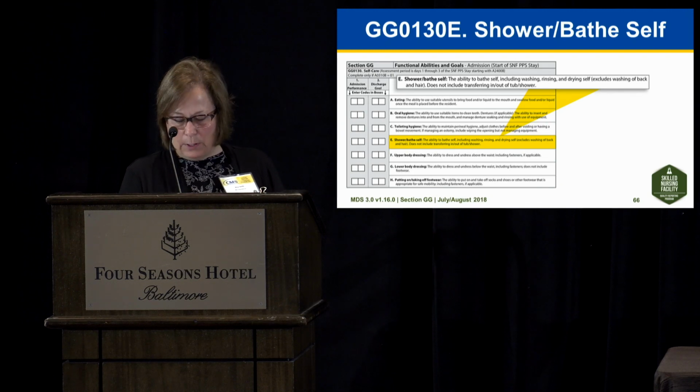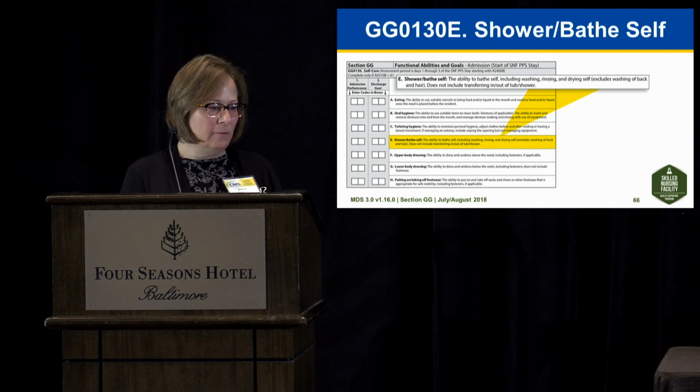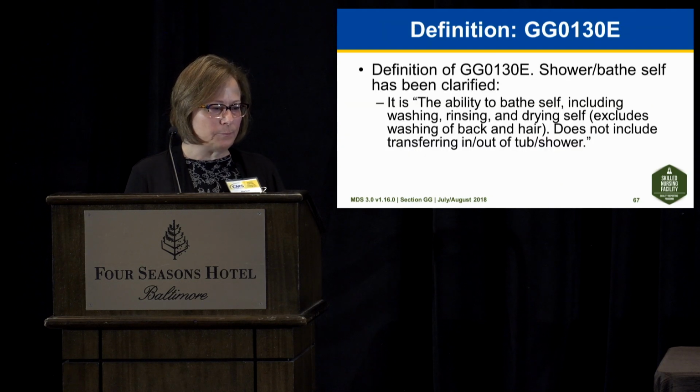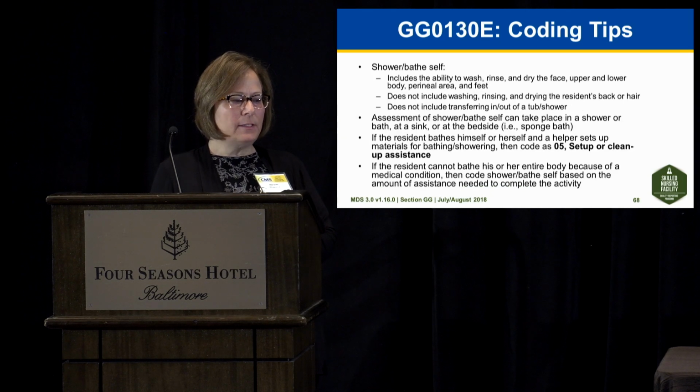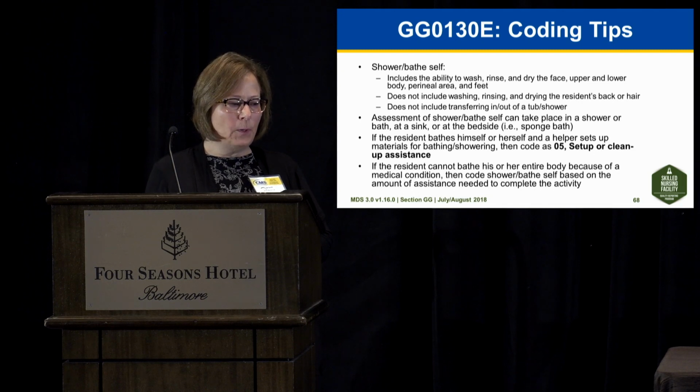We're now into some new items, shower, bathe, self. Shower, bathe, self is the ability to bathe self, including washing, rinsing, and drying self, excluding washing of the back and hair, and does not include the transfer in and out of the tub or shower. It includes the ability to wash, rinse, and dry the face, upper and lower body, perineal area, and feet.